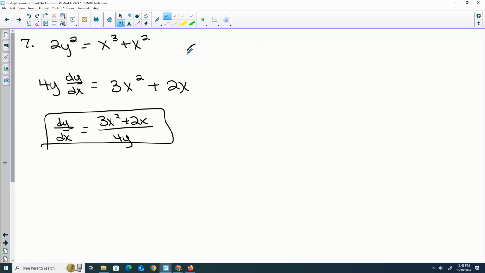I want the second, so now I do the derivative of that. So it becomes d squared y over dx squared. Quotient rule.